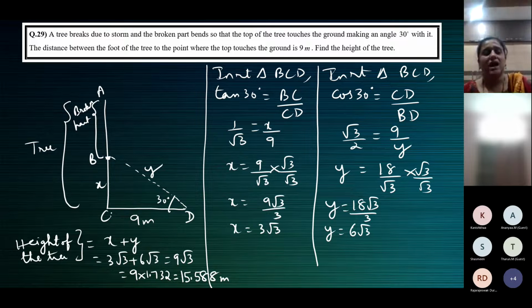So the height of the tree is X plus Y: the part still intact, BC, plus the broken part, BD. Work this, children. I'm sure you found your mistake. If you still have a question, you can ask me.